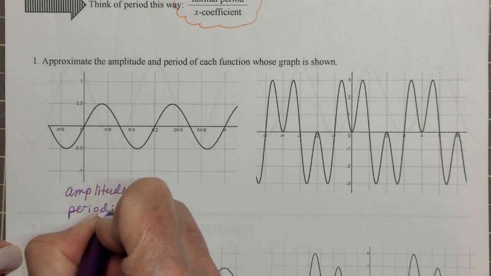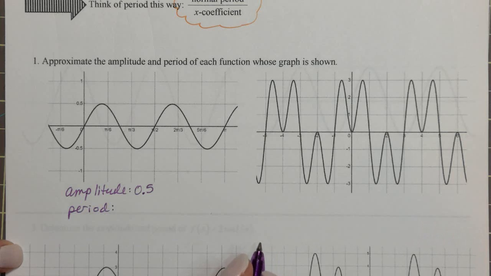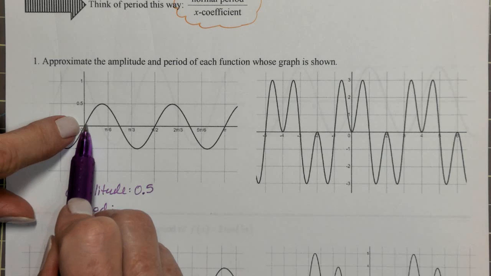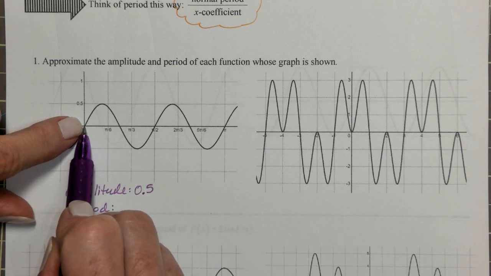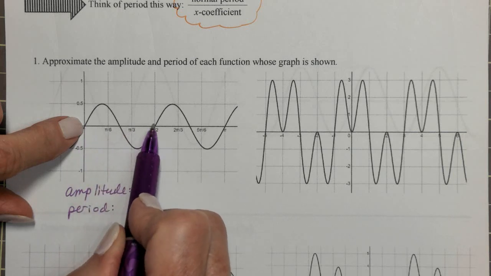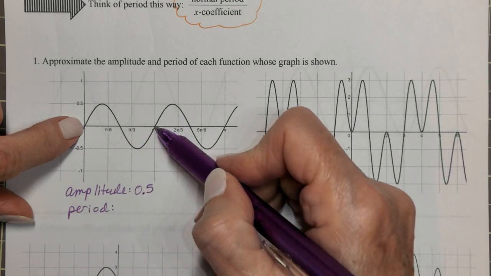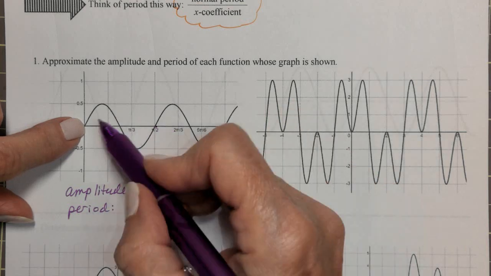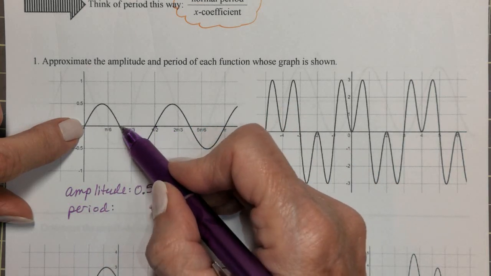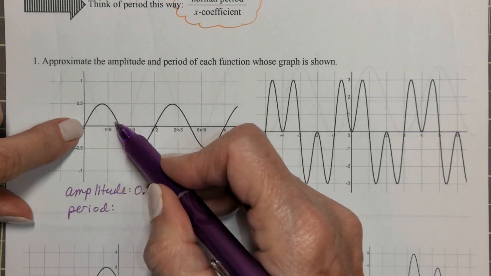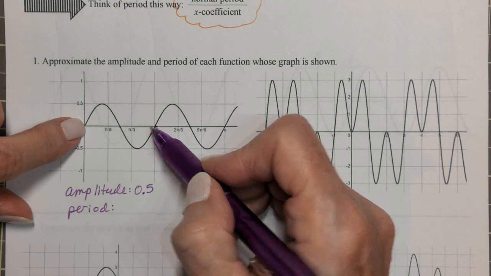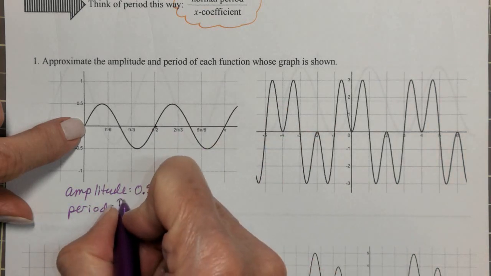How long does it take until you start repeating yourself? I find a whole cross piece here, 0. How far do you go until you get to 0? Pi over 2. I'm sorry, how far do you go till you start repeating yourself? Because you get to 0 here, but you're not repeating yourself, because here you're going above the x-axis and here you're going below the x-axis. You repeat yourself every pi over 2 units.